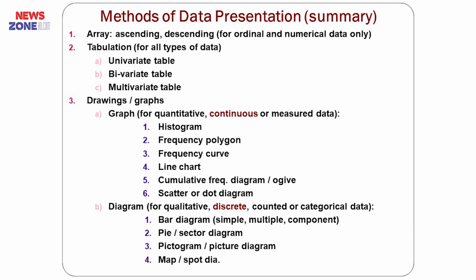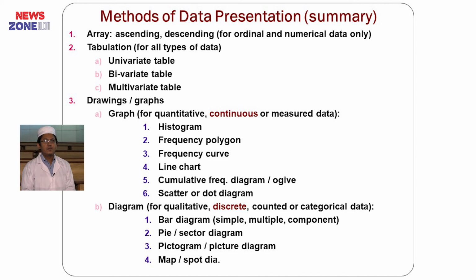Let us summarize the whole lecture on data presentation. We have three methods of data presentation. One is array, ascending array and descending array. Another is tabulation: univariate tables, bivariate tables and multivariate tables. And the third is drawings or graphs. There are two sets.